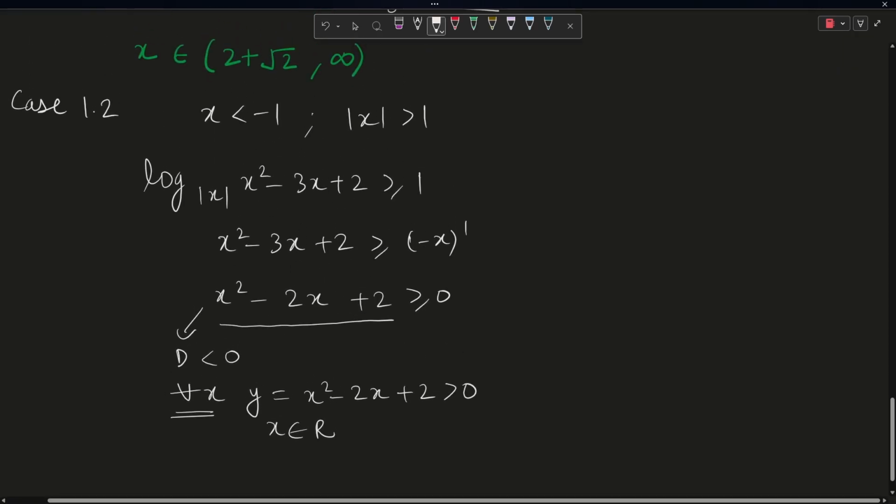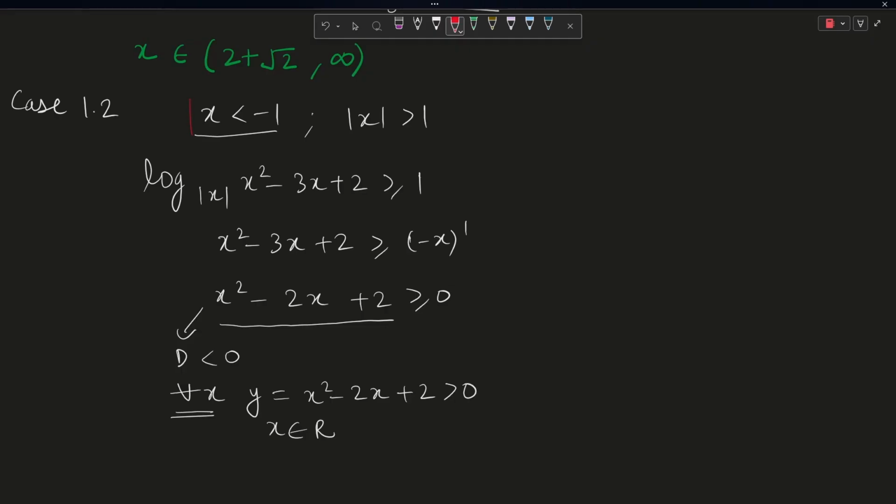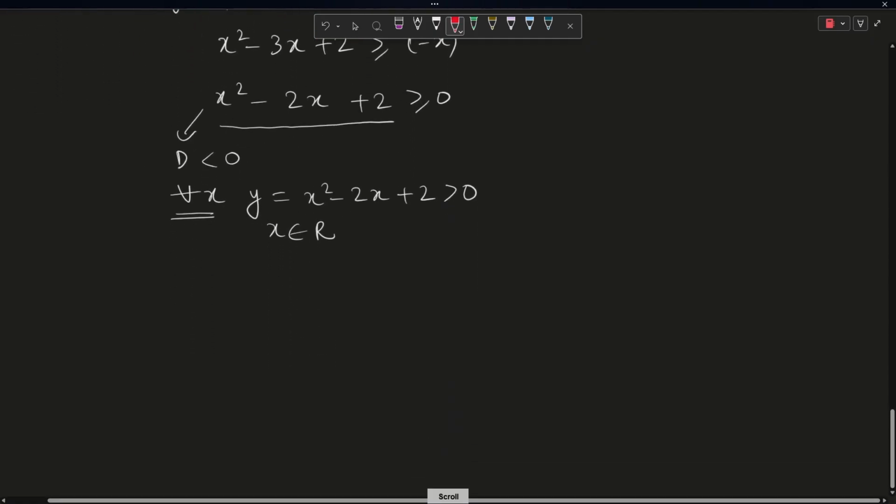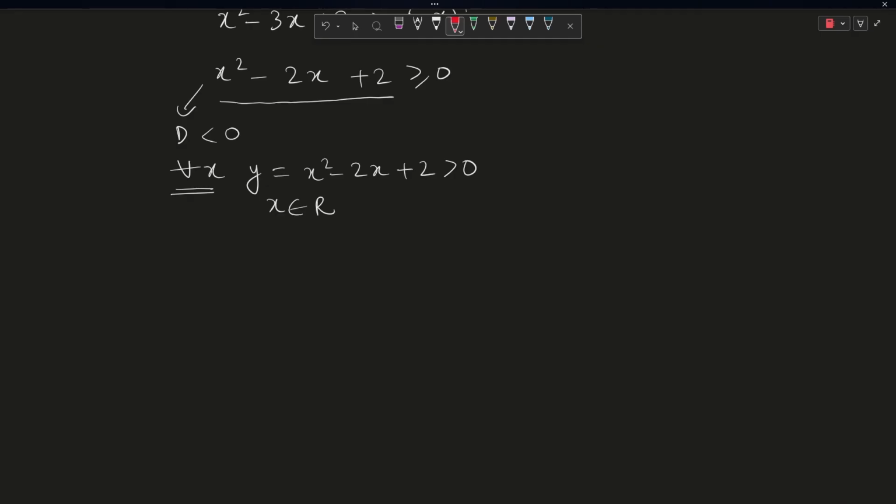Now, if x belongs to all the real numbers, we have to take the intersection with this condition. So our final answer for case 1.2 will be minus infinity to minus 1.